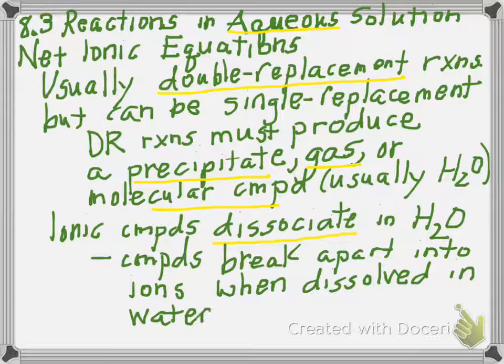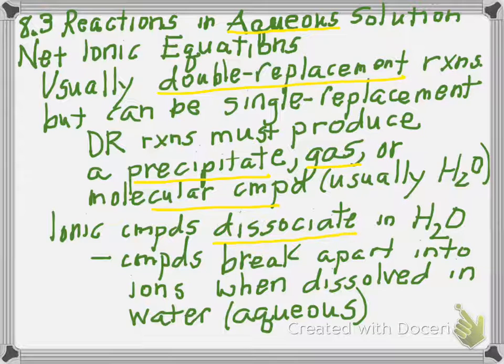Remember, being dissolved in water, we call that the state of matter of being aqueous. So if in our reaction they mention that our compound is in aqueous solution, that means that compound is dissolved in water, and those cations and anions that form that compound have broken apart and are now floating around separately within that water.